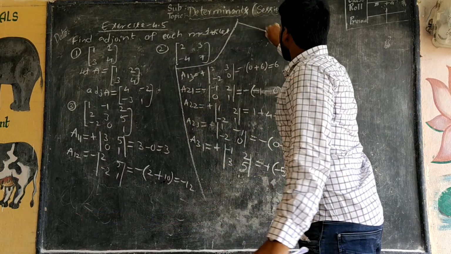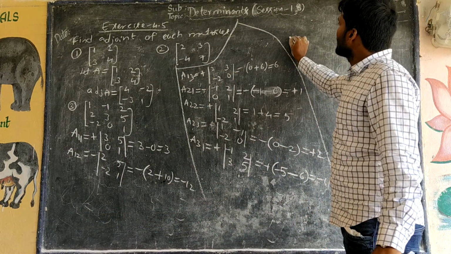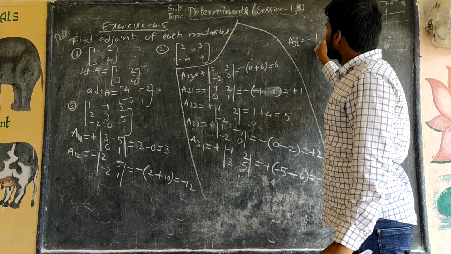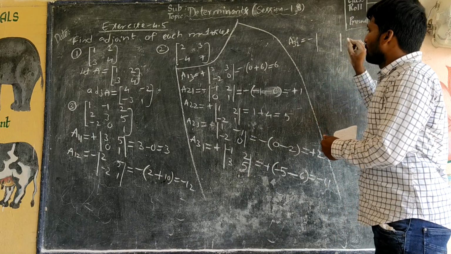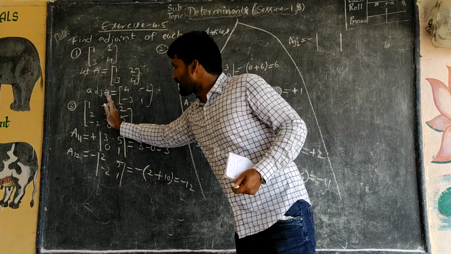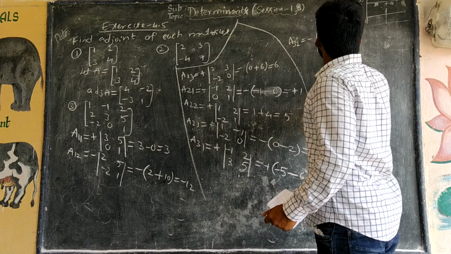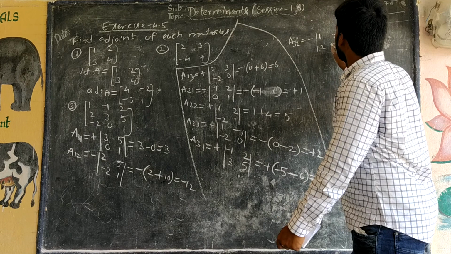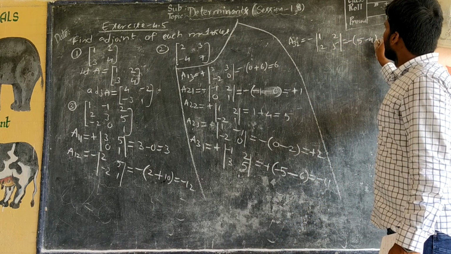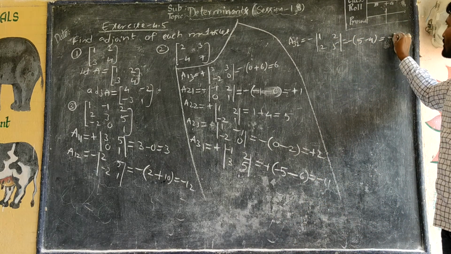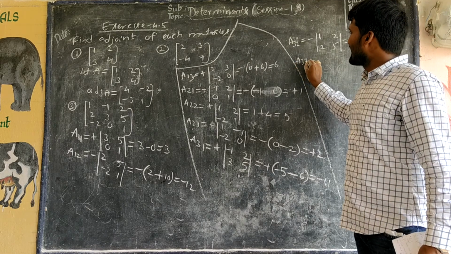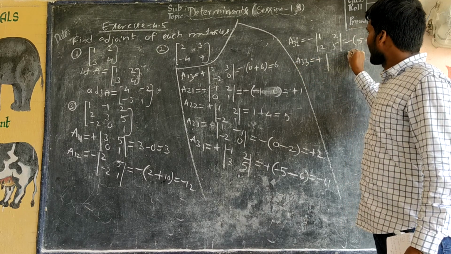Next, A32. What is the sign? Minus. By deleting third row and second column, remaining [1 2; 2 5]. Minus of 5 minus 4, that is 1, total minus 1. The last element A33, plus sign.